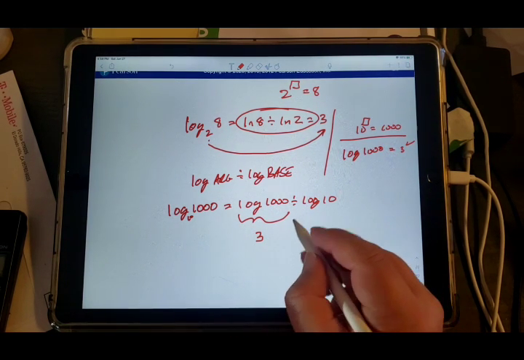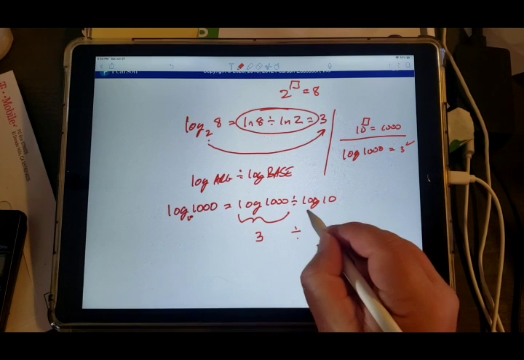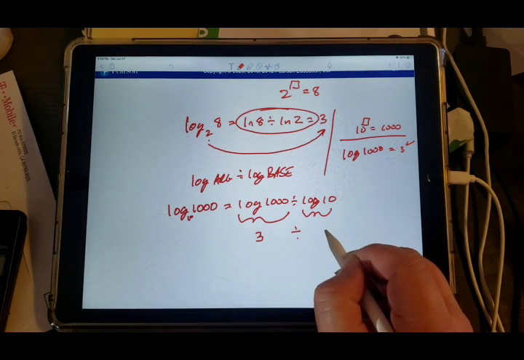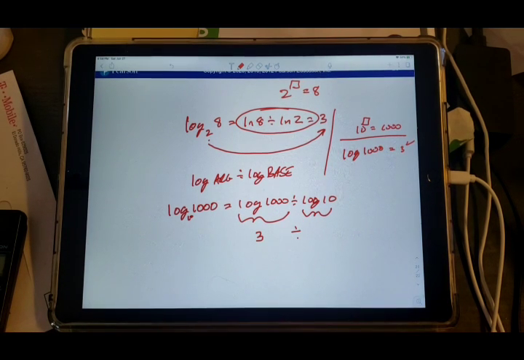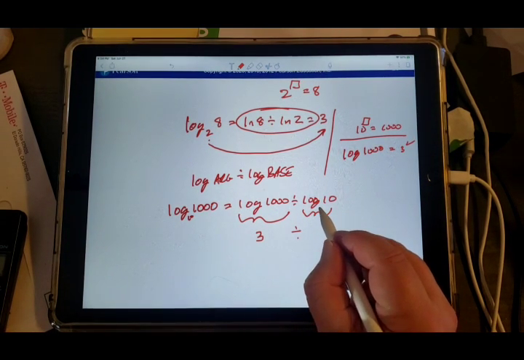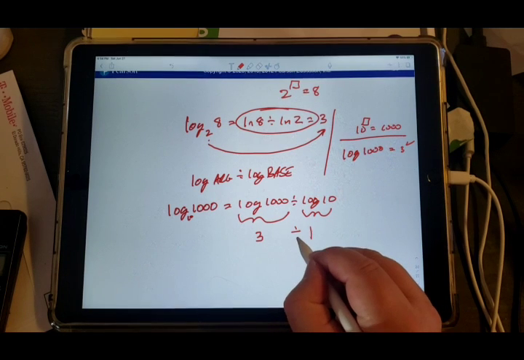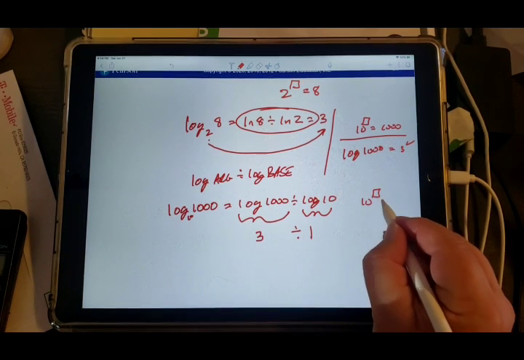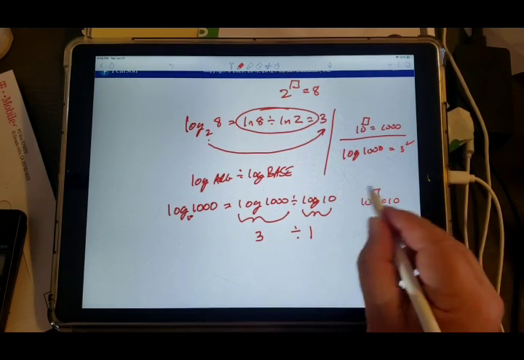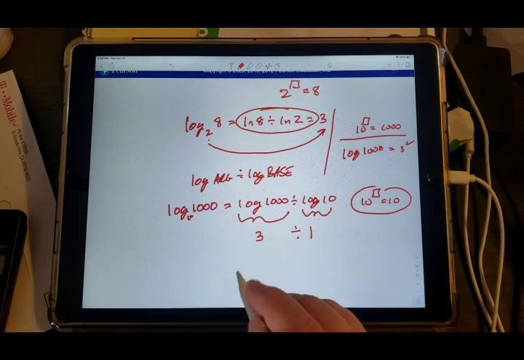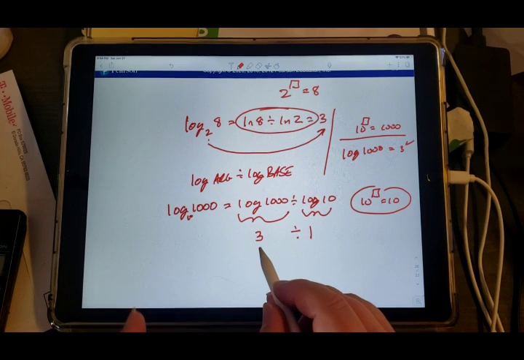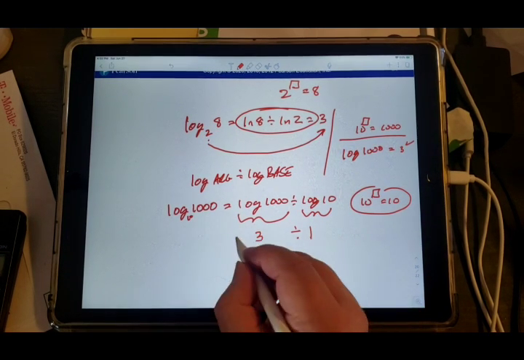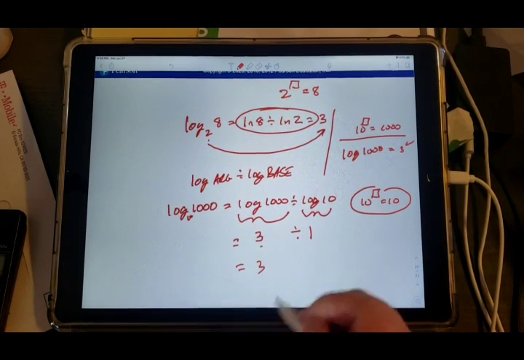And then you're using your calculator to answer this question, which is also a question you should be able to do in your head. What exponent do you put on 10 to get 10? One. And the reason why I say this is triple embarrassing is you're using your calculator to do 3 divided by 1. 3.